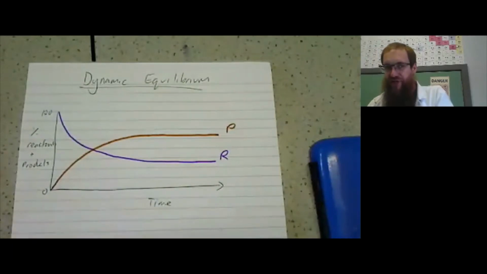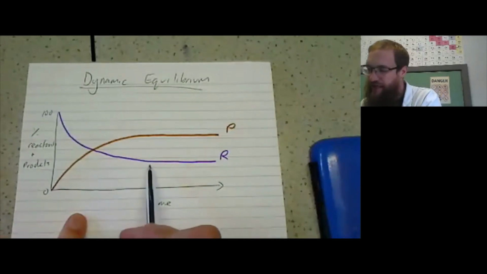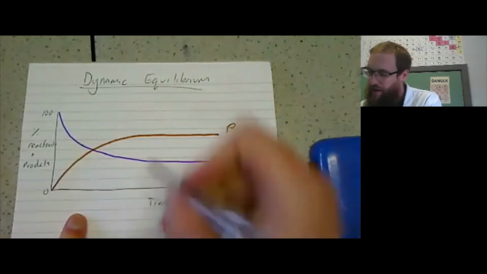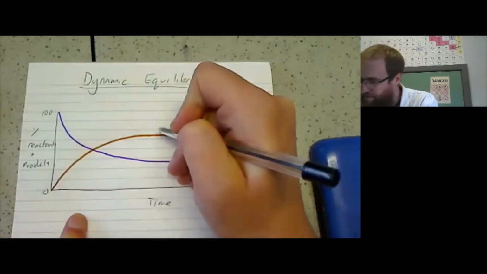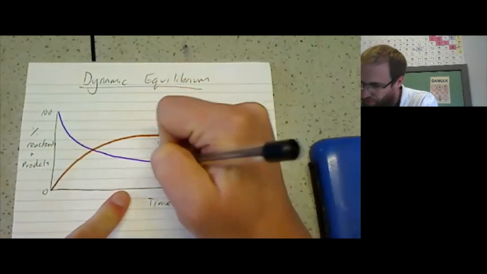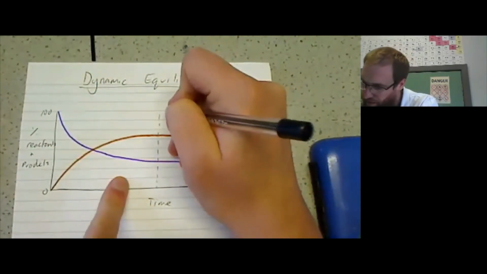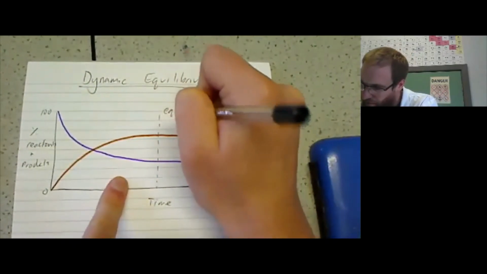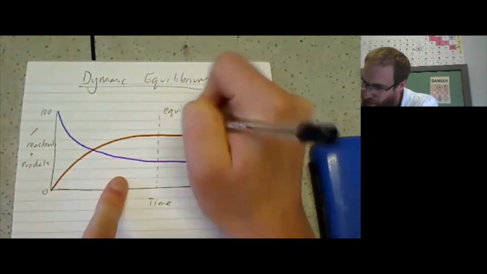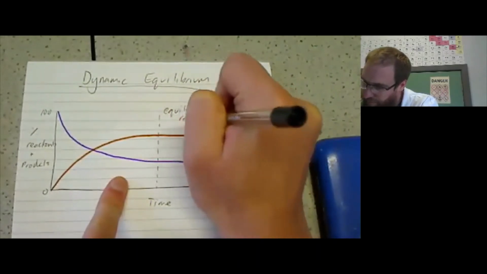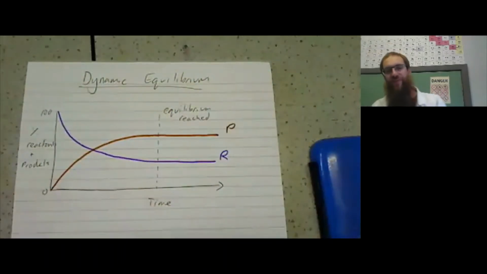Once these lines go completely horizontal, so that's about this point here, we call this the point of equilibrium. That's the equilibrium reached.